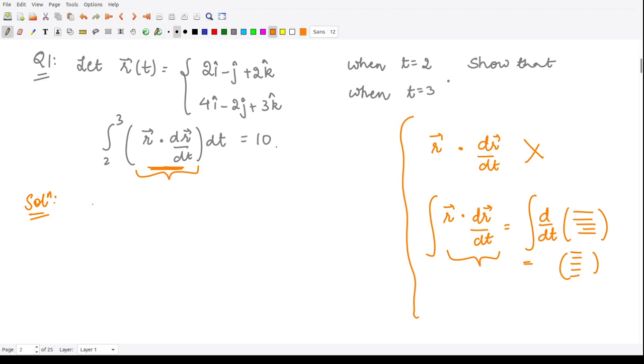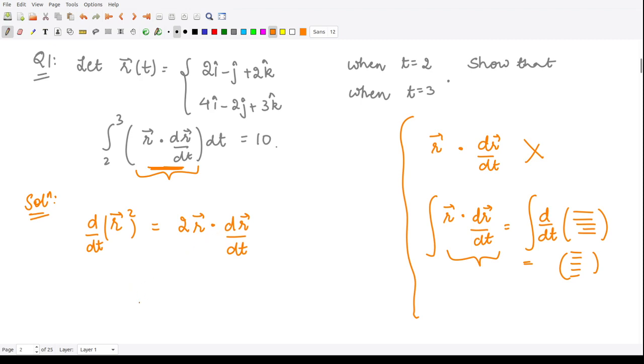Here, if you take the vector r whole square and take the derivative, what would it be? It would be 2 vector r dot with dr by dt. This is how you perform the derivative. Firstly you differentiate the power, which gives 2 vector r, and then dot with the derivative of vector r.